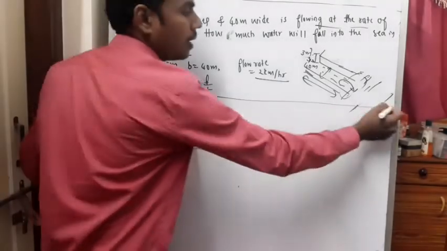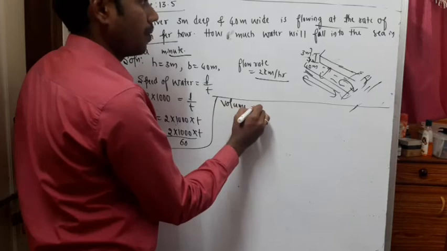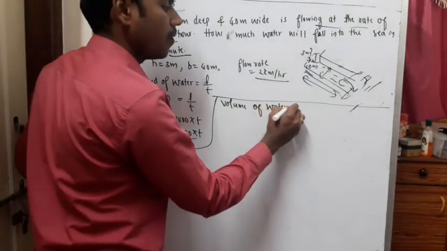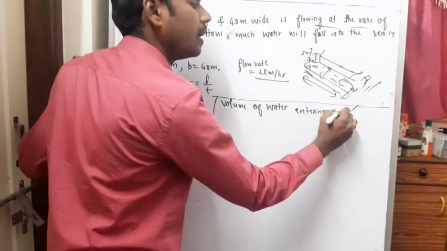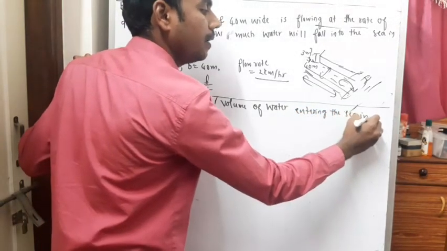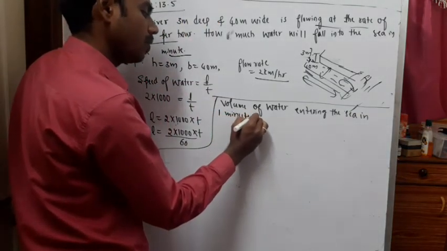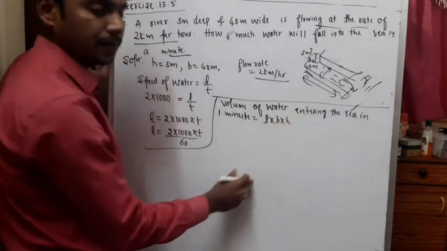Now we got the length. So now the volume of water entering the sea in 1 minute is equal to length into breadth into height. What is the length?